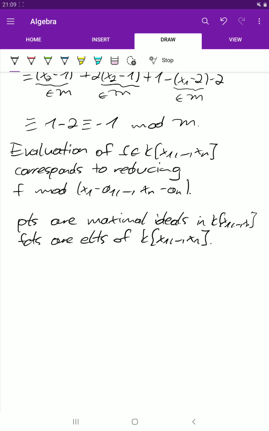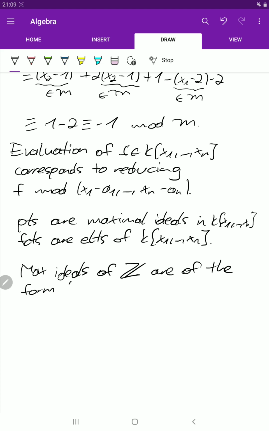But now let's generalize this. So let's go to the integers, and let's try to do the same. So the maximal ideals of the integers are of the form (p), the ideal generated by p, for p prime.